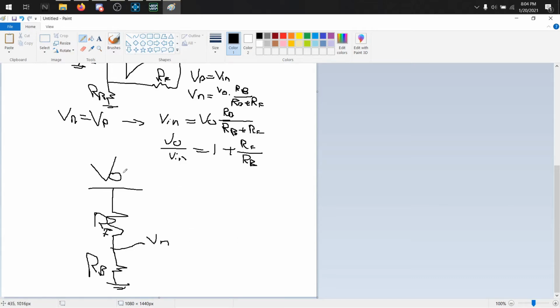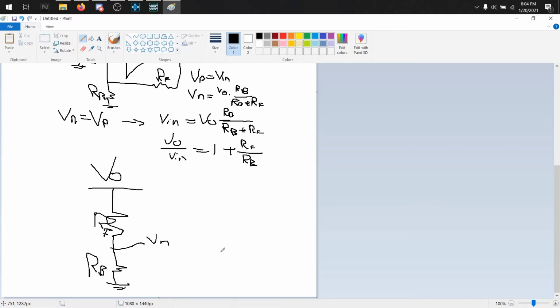So you know the equation for a voltage divider would be Vout over this resistor over the combination of these two resistors. Yeah, seeing it in that orientation helps a lot. Okay.